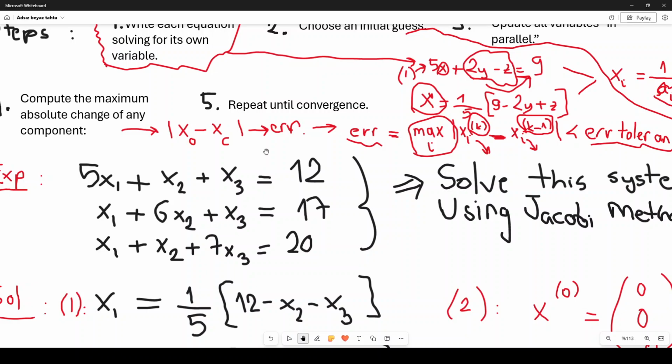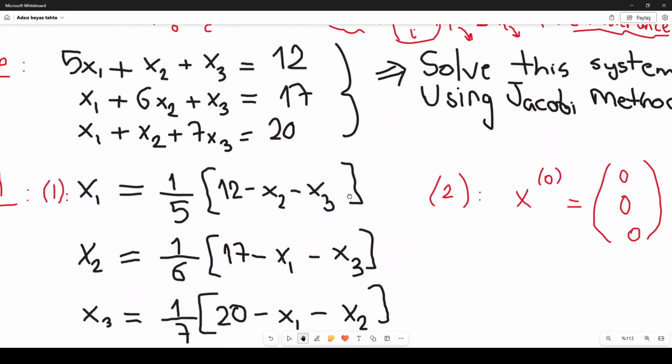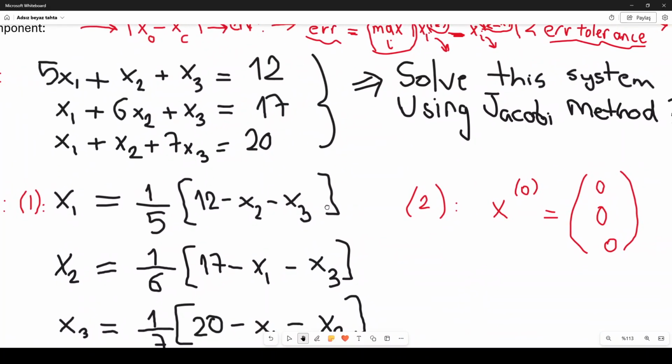Suppose we assume that we iterate at most 100 times, and at the 100th iteration we are still not below the error tolerance, then we can stop if you put that restriction. Alright guys, these are the steps that we should follow. Let's see these steps in a real example.